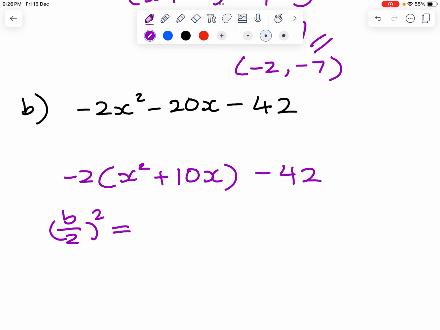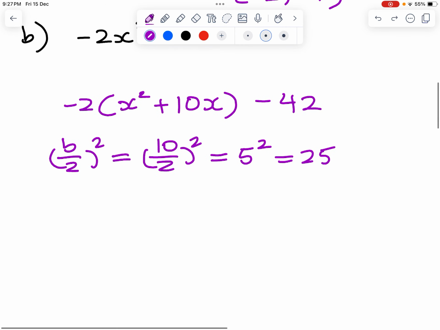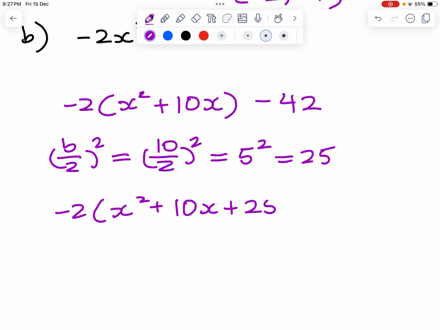So b is 10, 10 over 2 squared gives 5 squared, which is 25. The same as before, we put that inside the equation: negative 2 times (x squared plus 10x plus 25 minus 25) minus 42.